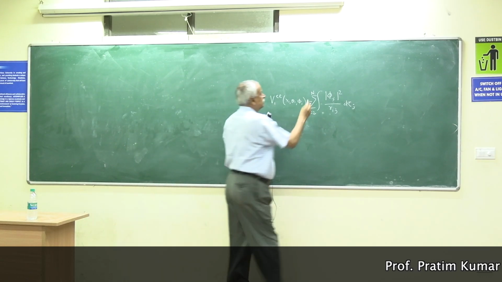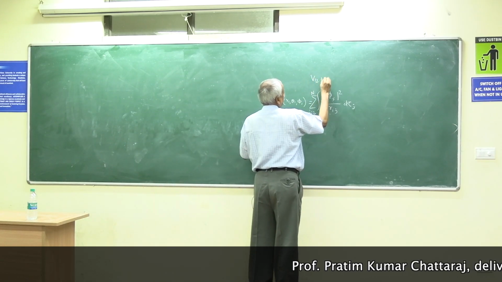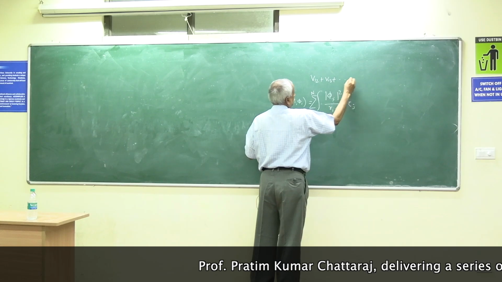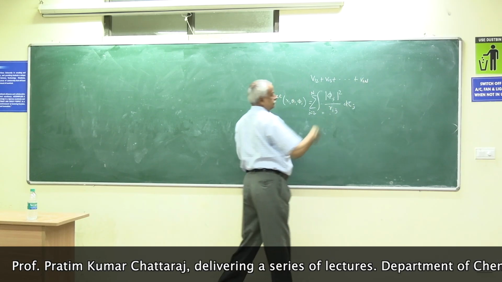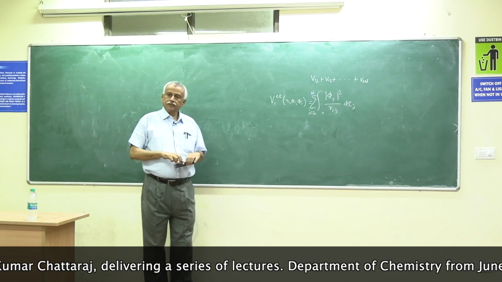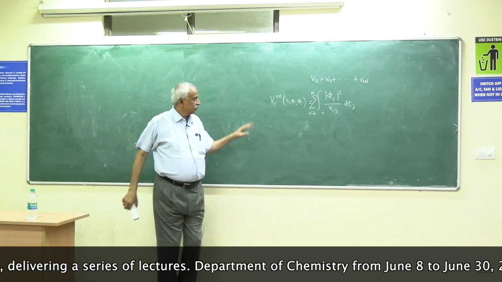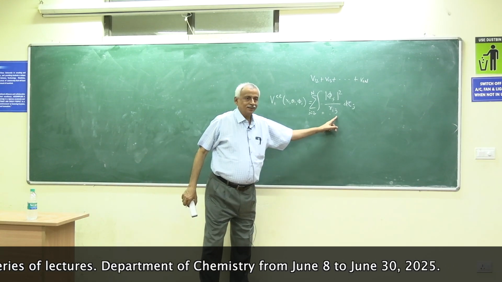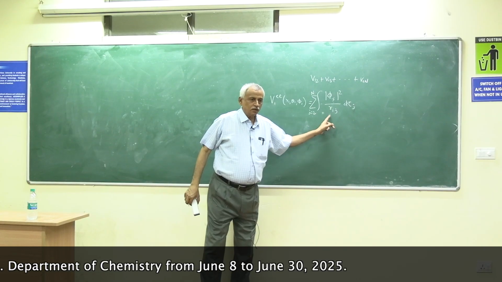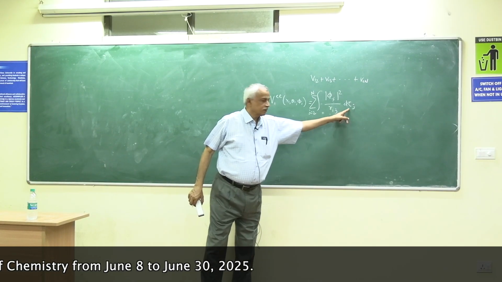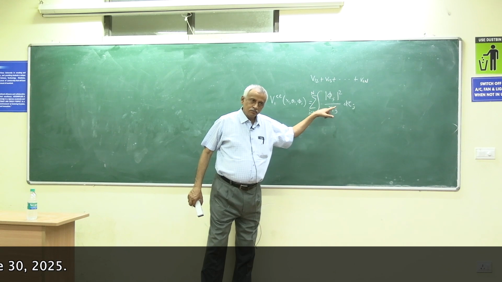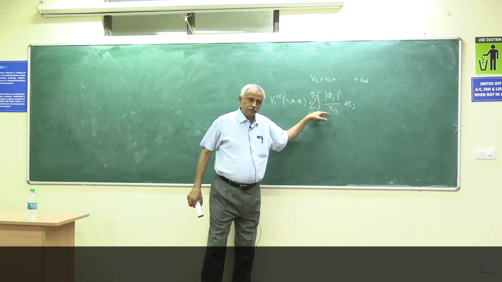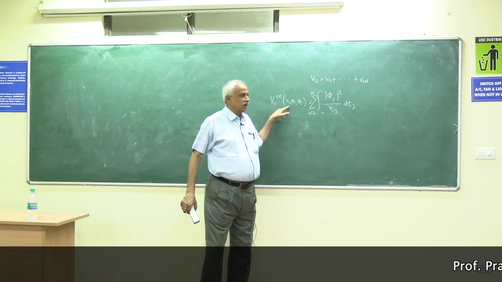This is what? This is your V12 plus V13 plus up to V1n, isn't it? Here you can say R1j is there, that means R1 minus Rj. I am integrating over d tau j, so all j containing part is integrated out. It will depend only on the coordinates of electron 1. That's why I have put R1 theta 1 phi 1.